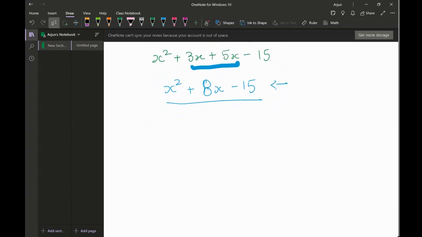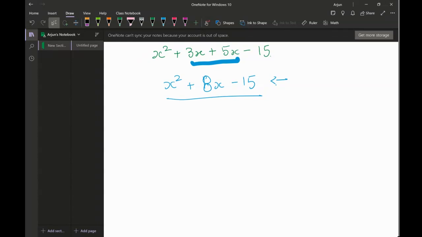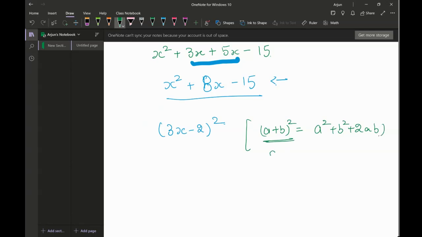All right. Now let's look into another question, which is (3x - 2) whole squared. To simplify, you can do it two ways. You can remember the formula, (a + b) whole squared is equal to a squared plus b squared plus 2ab, or you can write this term as (a + b)(a + b) and start distributing the terms.